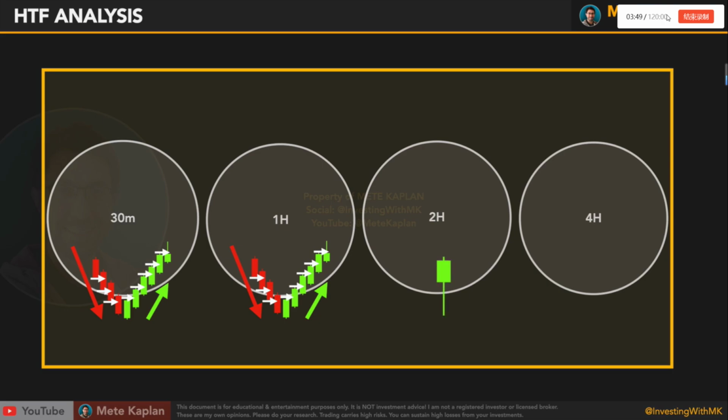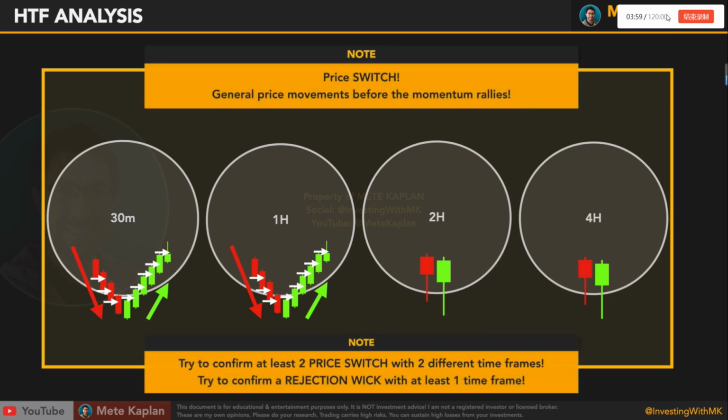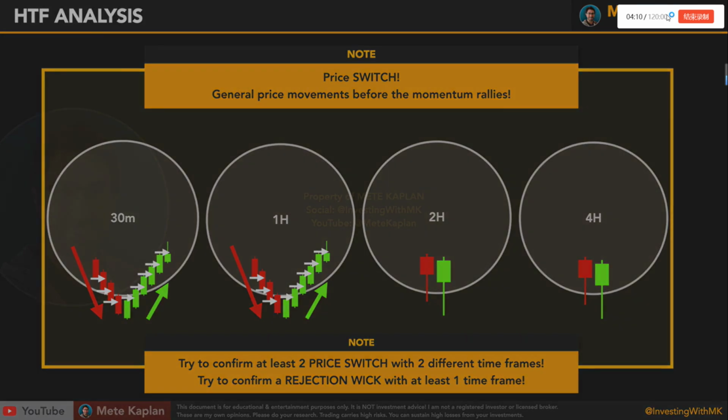In higher time frames like 2 hours to 4 hours, you can still see the price switches, but generally what you will see is rejection wicks or hammer-like candlesticks. Altogether, similar visuals like this are great confirmation for me to detect an early rally with momentum.